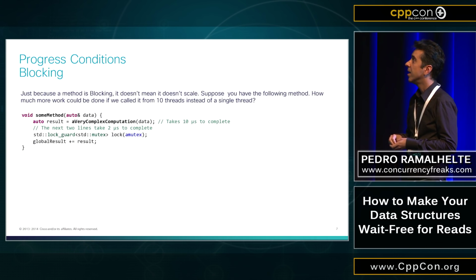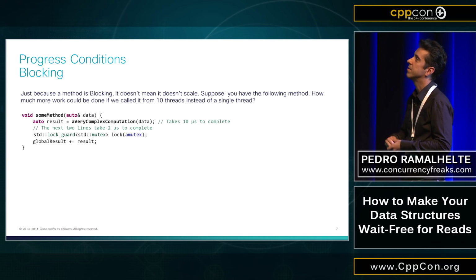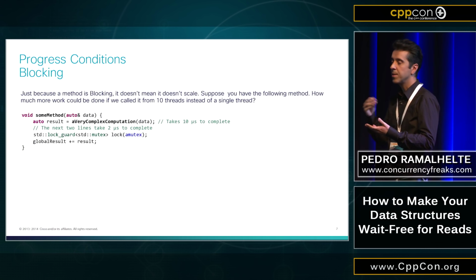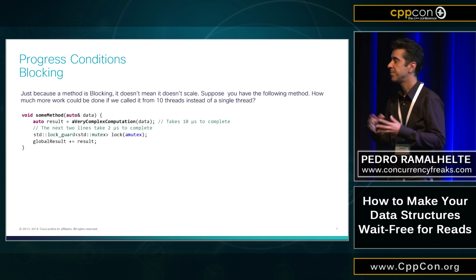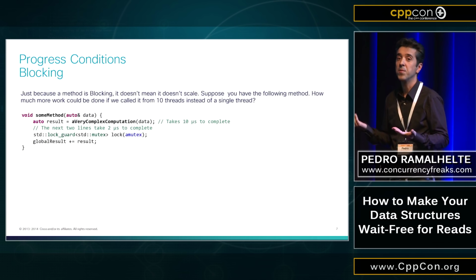And when we finish this computation, we add the result to some result that's going to be shared. Now, you can think, how many threads would I be able to add to this and still scale, and up to which point would I be able to scale?